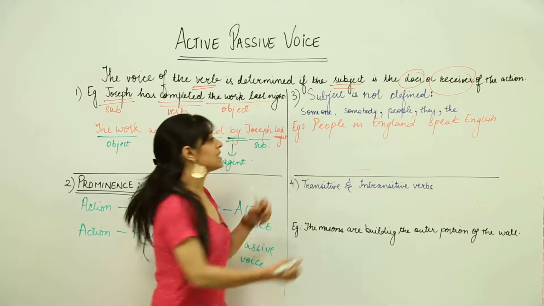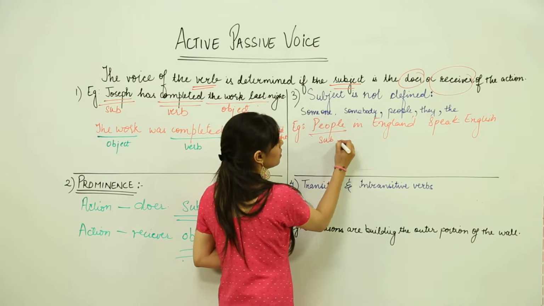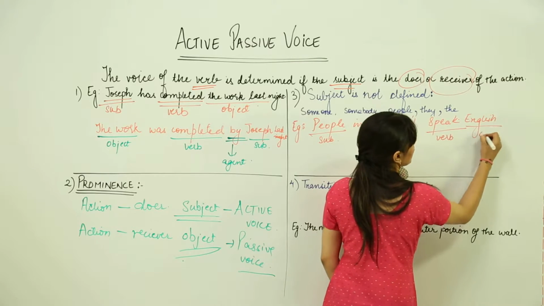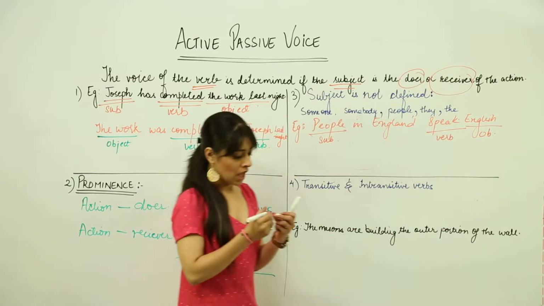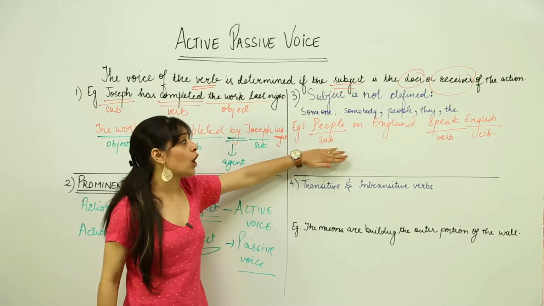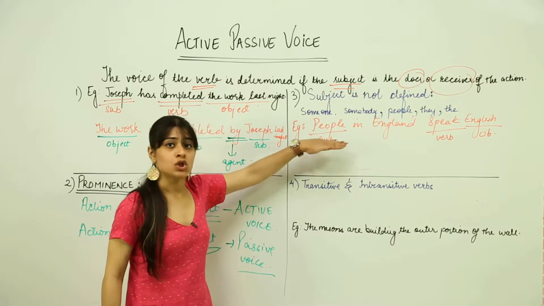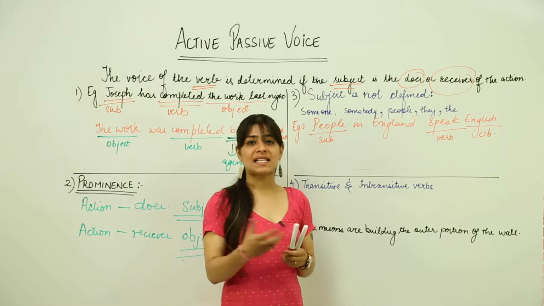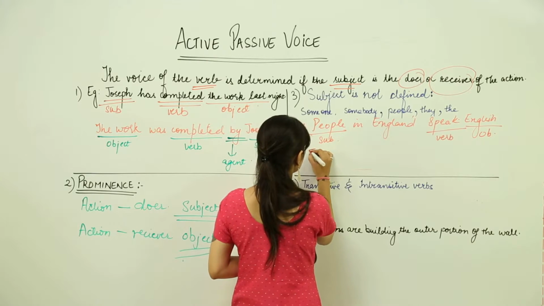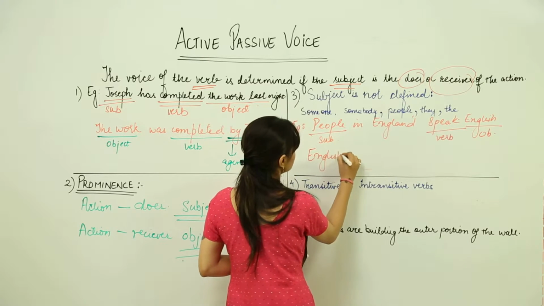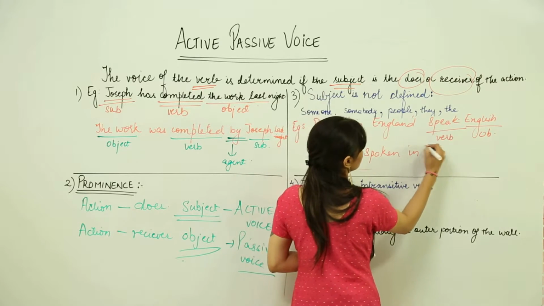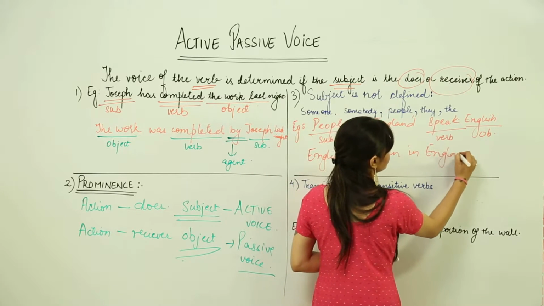Now here people is the subject, speak is the verb, English is the object. Now, people here is not a definite or a clearly defined subject. So in this case, we tend to use the passive voice, that is, English is spoken in England.